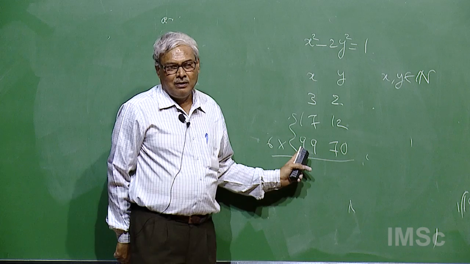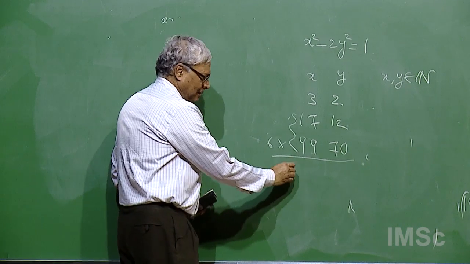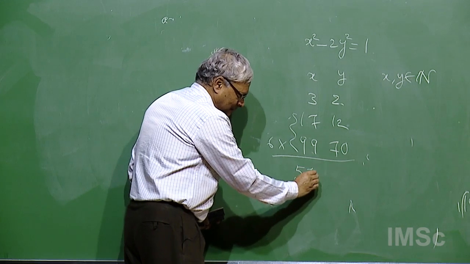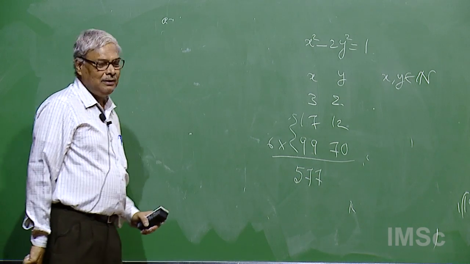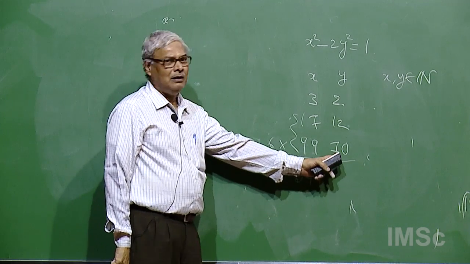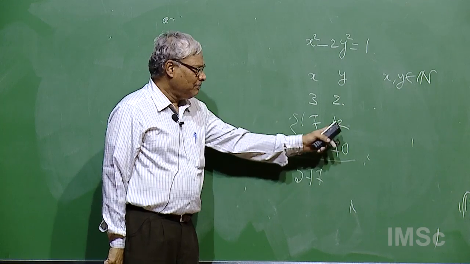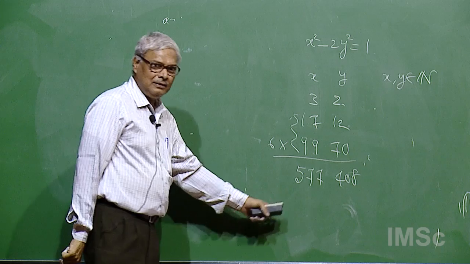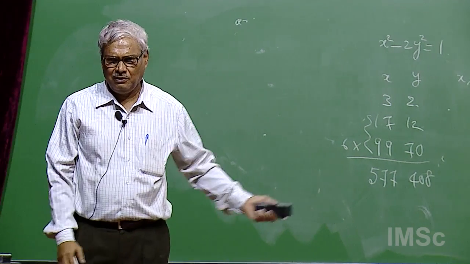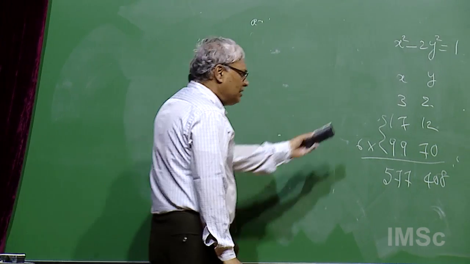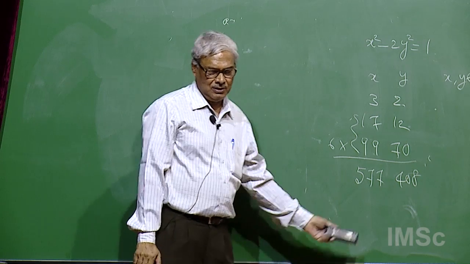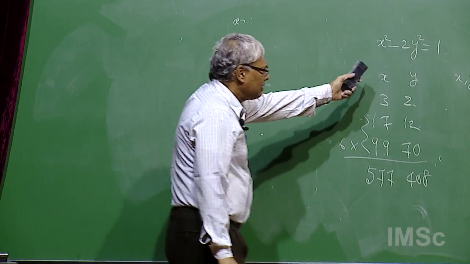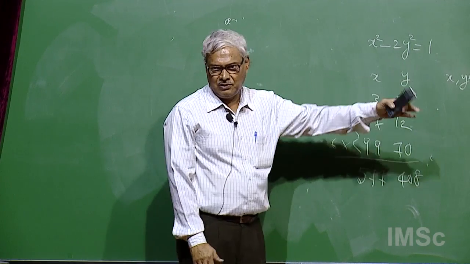You will get 577, and do the same operation here. 420 minus 12 is 408. So you see, this will be the next solution, 577 and 408. You can actually verify. So this is one way you can get the successive solutions. And you can prove that all these are proper solutions. Therefore, this equation also has infinitely many solutions in positive integers.